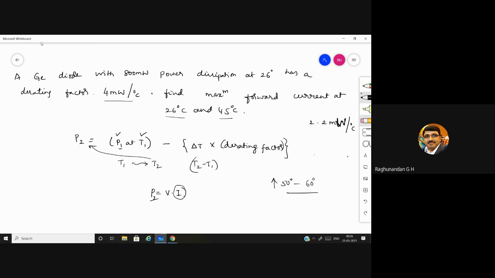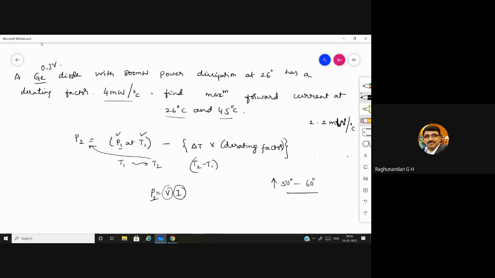At maximum temperature, maximum current is possible, because the charges get excited very early because of the increase in temperature. So if you find P2, we can find I. This is our forward voltage drop, which is fixed for a given diode. Since it is germanium, it will be 0.3 volt. So let us now find out P2.